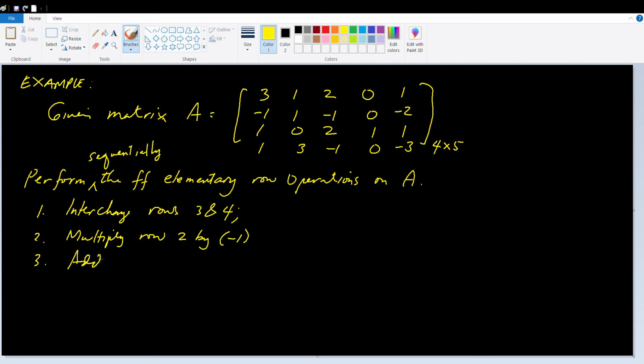Next, add to row 3 2 times row 4. Number 4, we add to row 1 negative 3 times row 3.